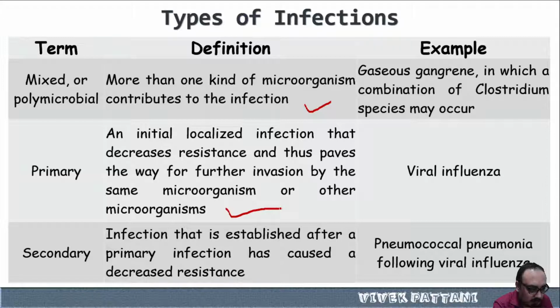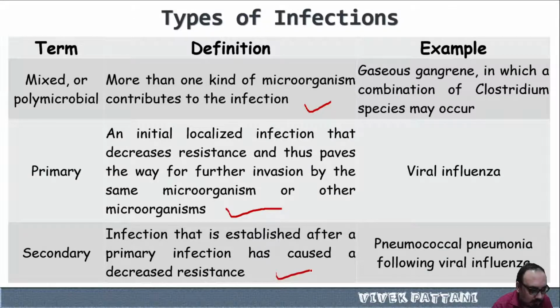the first infection which she is introduced to is called the primary infection, which is going to lower the immunity level of Mansi. An example is viral influenza.